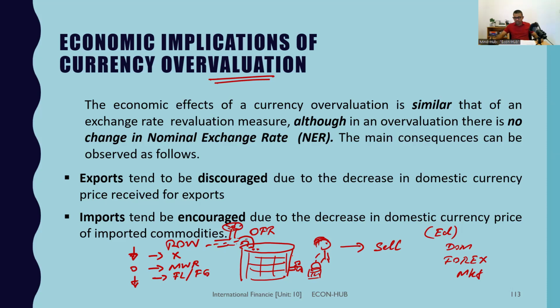But what did we do? We took as much money as possible from this bucket and kept selling it so that we could keep the exchange rate at a higher level than it realistically should be. So we ended up maintaining an overvalued foreign exchange rate. We just kept doing that.